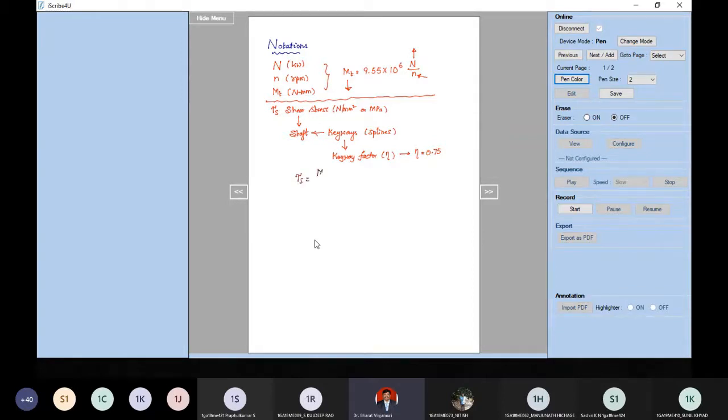Tau s is equal to Mt by Z0, guys. Krishna sir would have told you some other equation, but I basically follow this equation, Mt by Z0. What is Mt here? Torque. This came from the torsion equation. And what is Z0, guys? Polar section modulus.